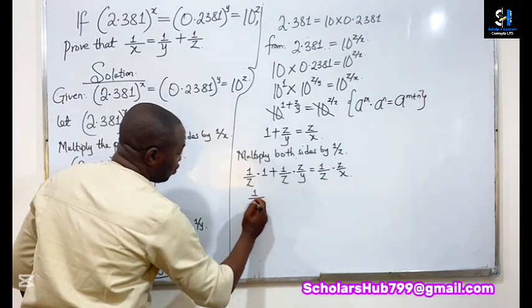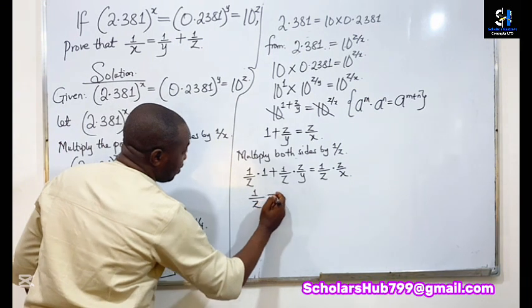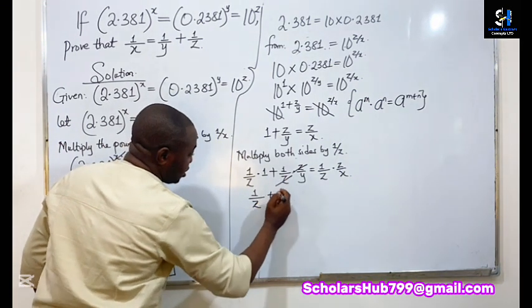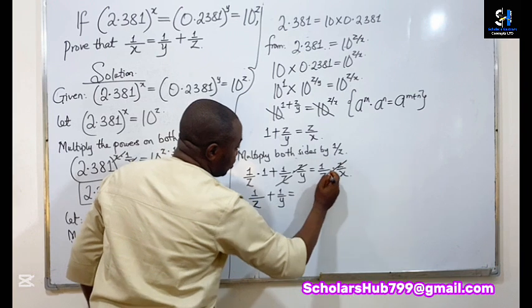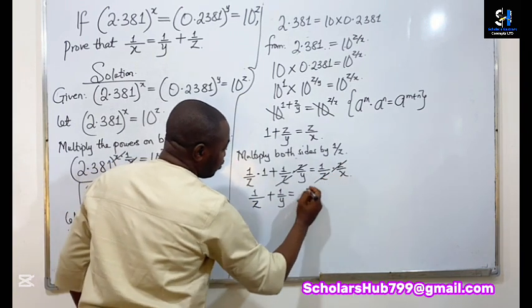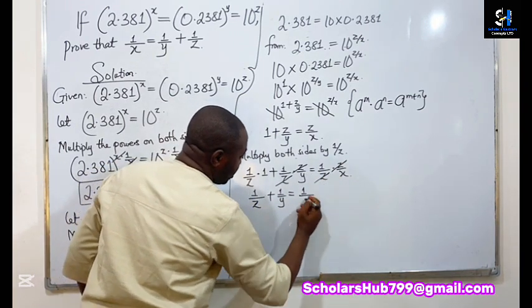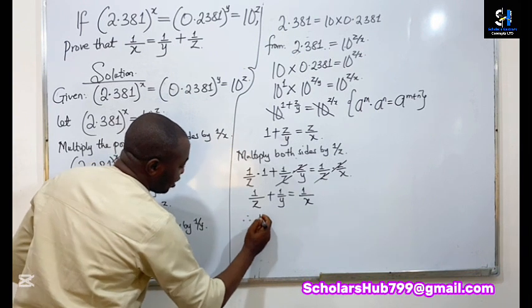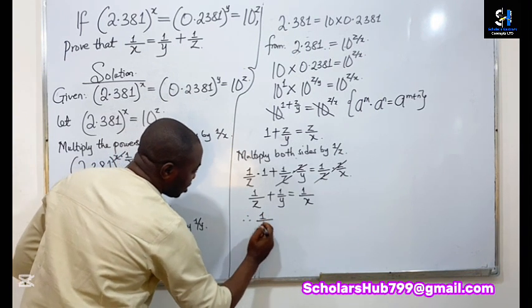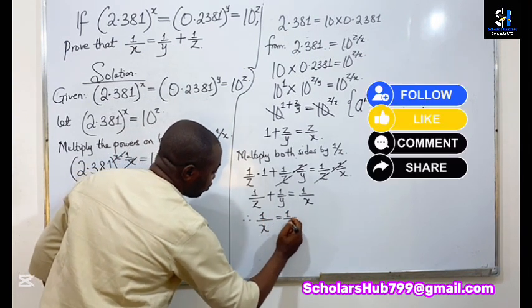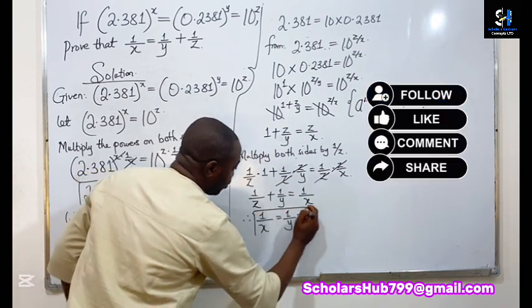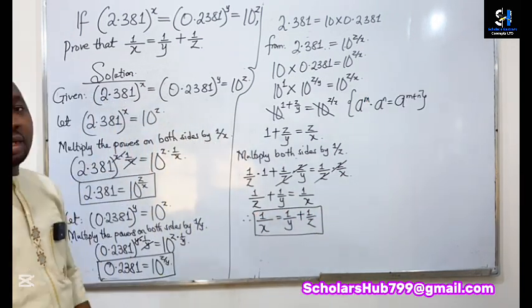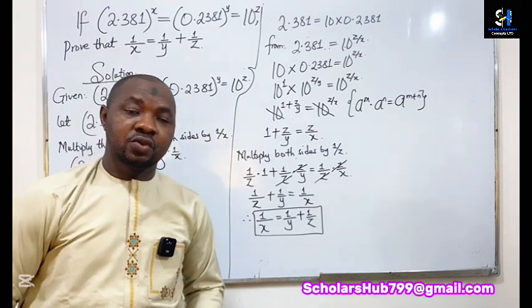So that this will be 1 over z plus, z will cancel z, so this will be 1 over y, and this equals, z will cancel z, so we'll be left with 1 times 1, that will be 1, 1 times x, that's x. So therefore, we have 1 over x equals 1 over y plus 1 over z. So we just proved that 1 over x is equal to 1 over y plus 1 over z.